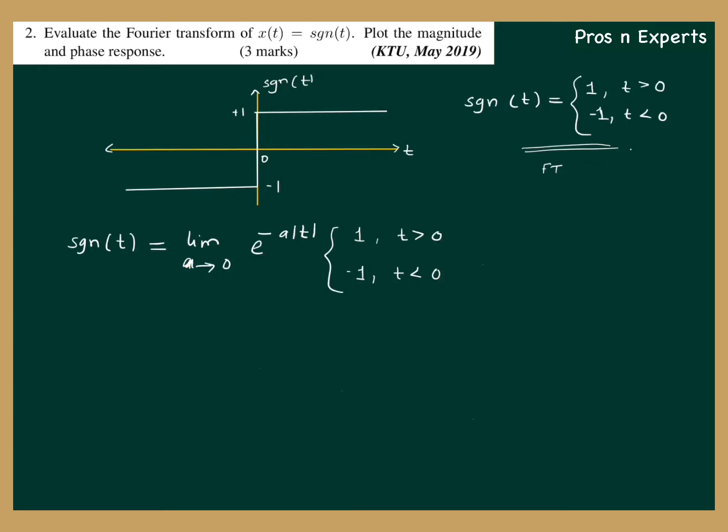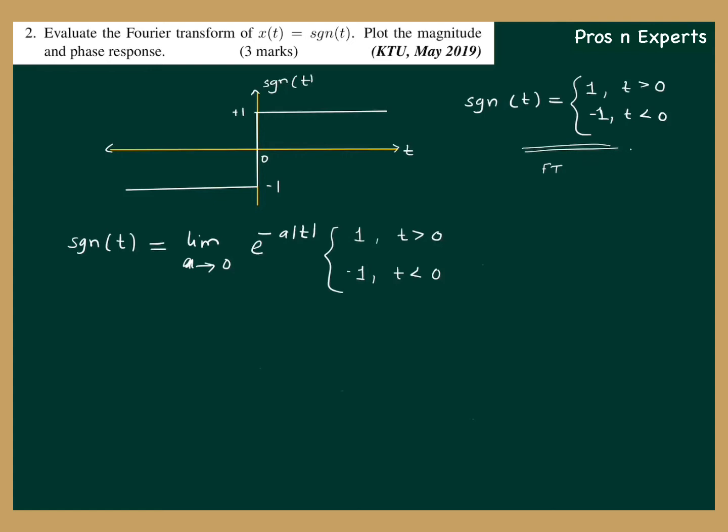Will that be invalid? No, that won't be invalid, because e raised to minus a mod t, you can see the a here is tending to 0. So this is practically e raised to 0, which is 1. So I'm multiplying this signal with 1, essentially 1. That is not going to make any difference to my actual definition. So I can safely move ahead with this equation.